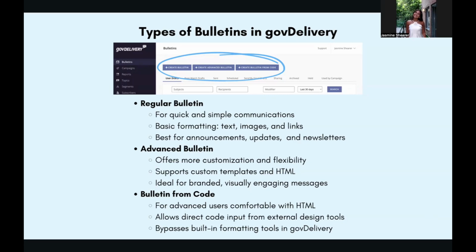Lastly, there is Bulletin from Code. This is more for hardcore HTML users who prefer designing their emails with a different application or directly from code. While Bulletin from Code allows those users to paste their code directly into govDelivery without changing it in any way, it also bypasses the tools and abilities that govDelivery bulletin pages offer administrators.